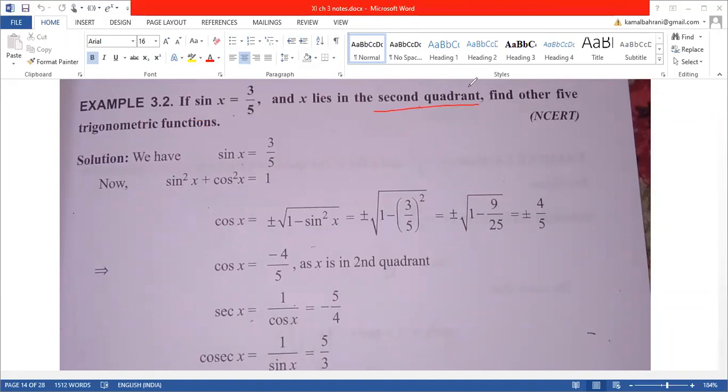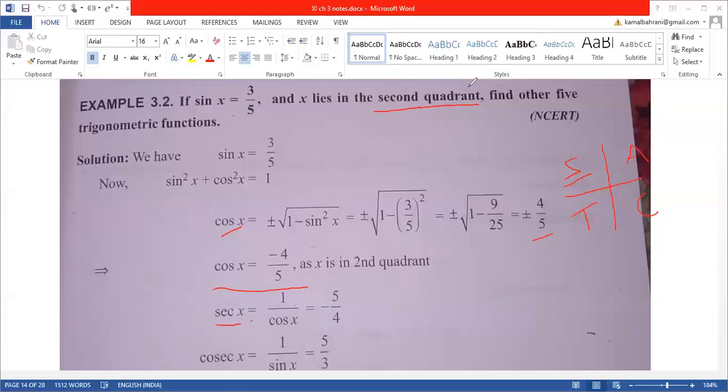In the second quadrant, I told you, it is all sin tan cos, so cos is negative. Only sin and cosec will be positive. So you will get cos x is equal to minus 4 by 5.